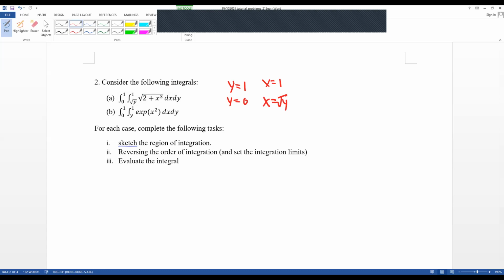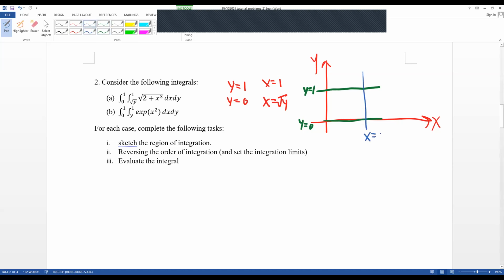So then, of course, the integration limit is the region bounded by these four lines, right? So this is the region that we are considering.